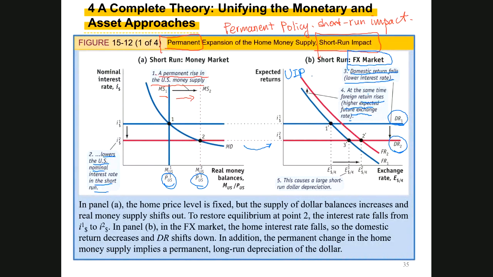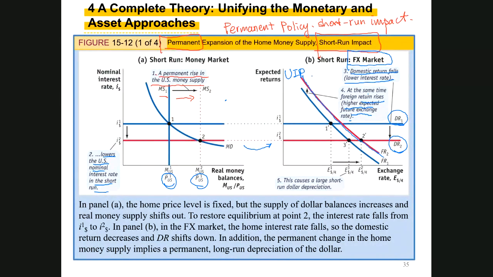Because people know that the US is printing money, they think that in the future the dollar will depreciate. The expectation is that the dollar will depreciate against the euro, right? So they believe that if they're holding the euro right now, their return is supposed to be higher.